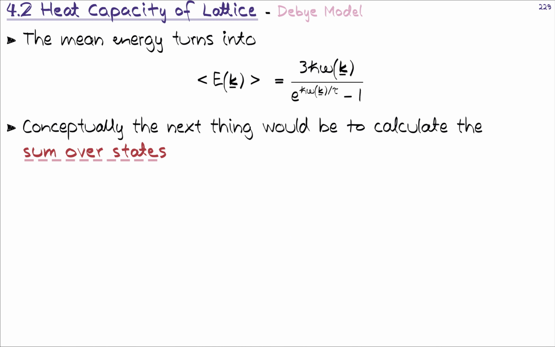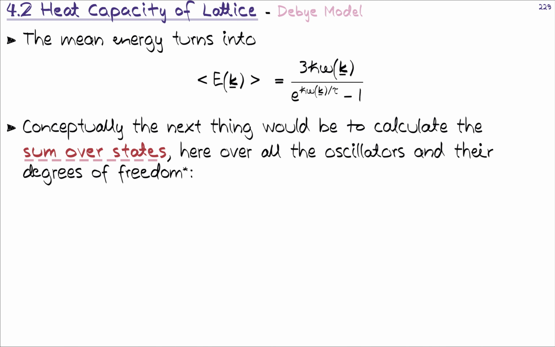So in principle, we should sum over the states, even though it seems almost like a continuum of states. It is not. It's really a discrete variable, this k here. And we should sum over the states over all the oscillators and directions and their degrees of freedom.